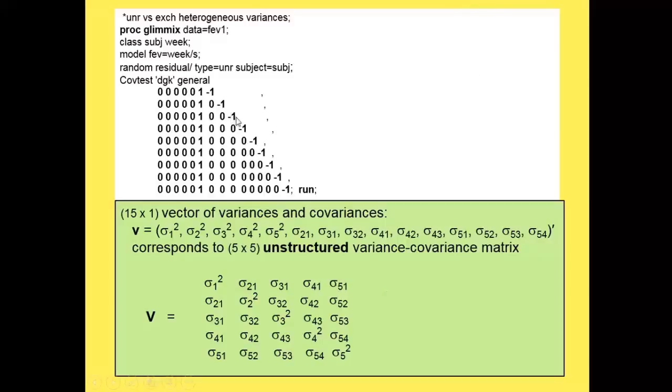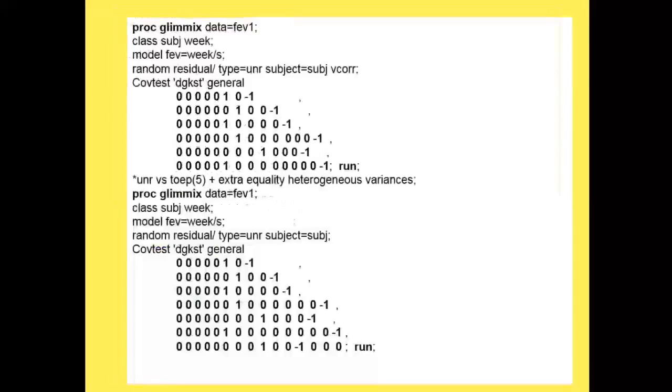You should try it between now and next week. If you want to see if it works, try it. It will work. This one works. And this next one works. This next one works too. This is the one that compares unstructured to Toeplitz. This one works too.